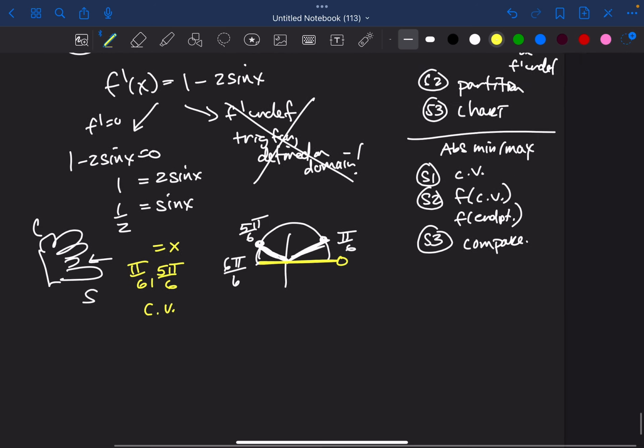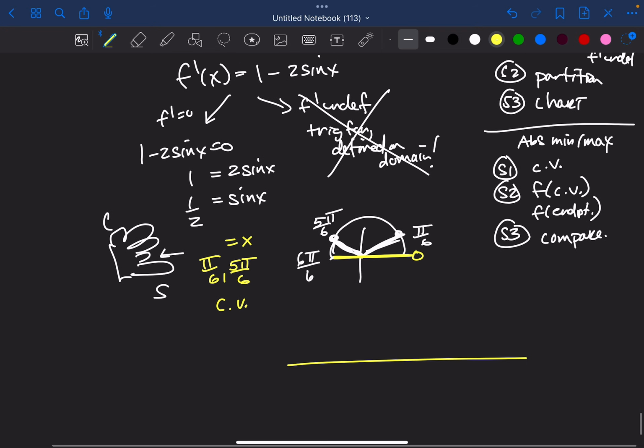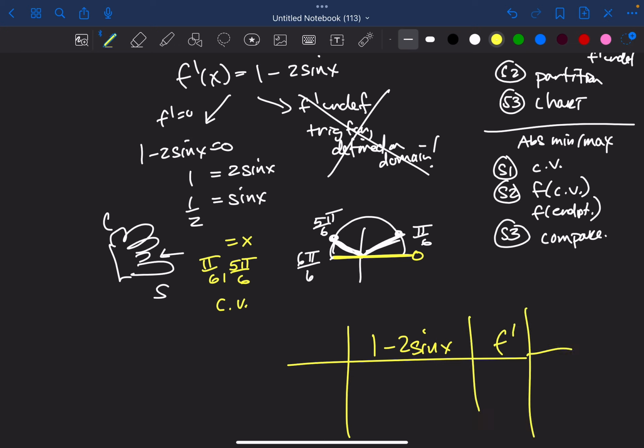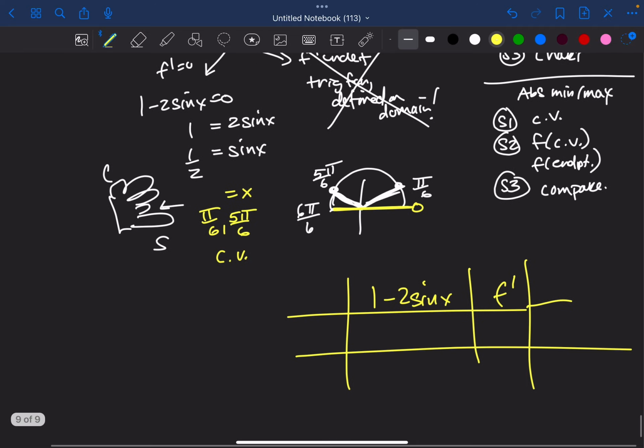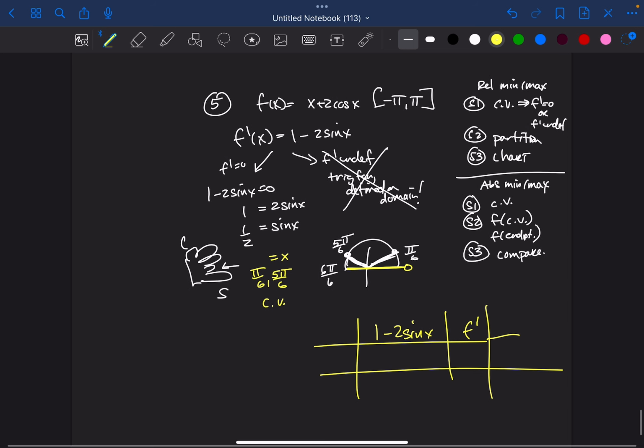So then we end up looking here, and we can take our function, which is again 1 minus 2 sine x, and I want to know where is this thing positive, where is this thing negative. So our interval is from negative pi, because that's an endpoint, all the way up to pi over 6, yes?